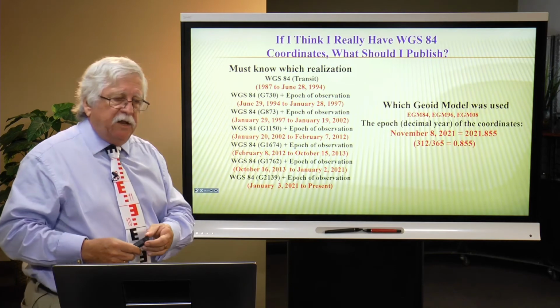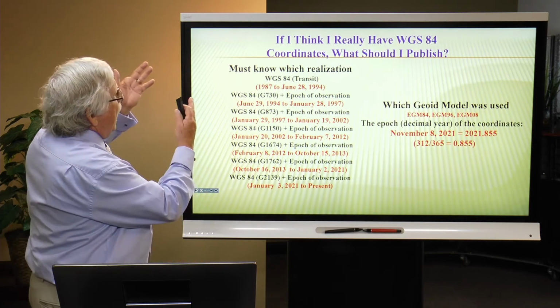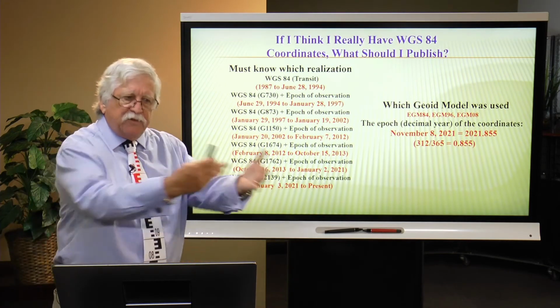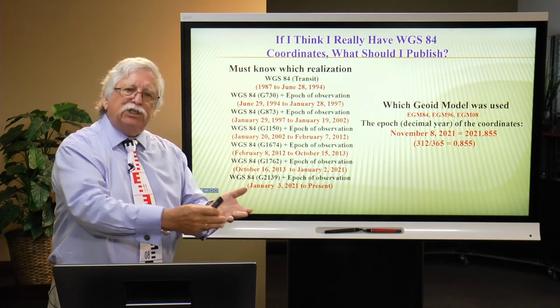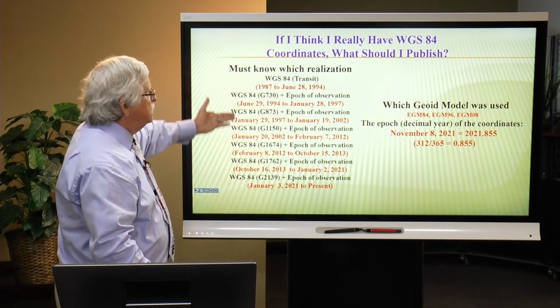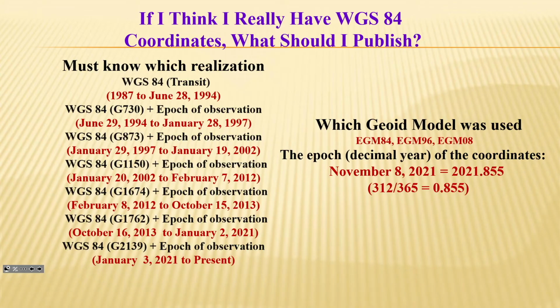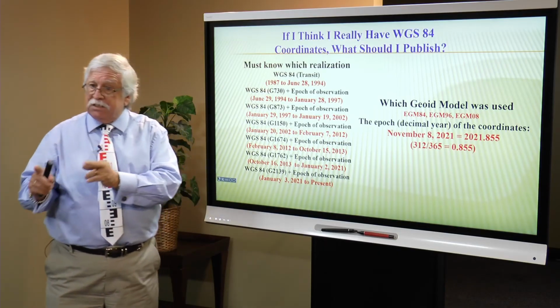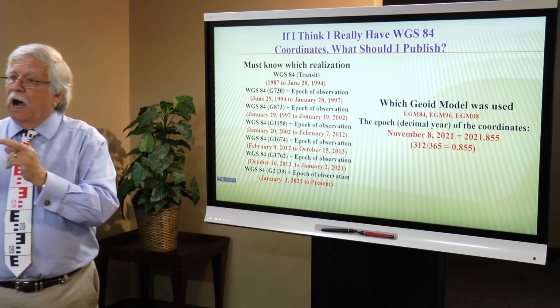So here's kind of the bottom line. If I have WGS84 coordinates, if that's what's in my database, then what should I really be publishing? Well, here are the numerous iterations, and for each one of those, if you have data that's been collected, let's say somewhere back between 94 and 97, and you think it's at the couple of centimeter level, then you would have to define it as WGS84 G730 plus the epoch of the observation.